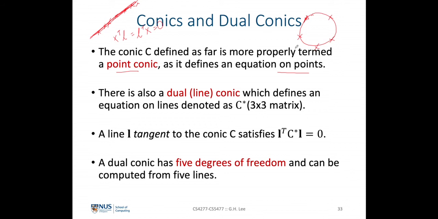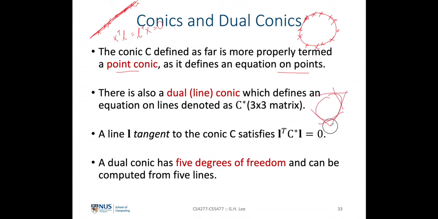A point conic is what we have defined earlier, which is uniquely defined by a set of 5 points or more than 5 points. Anything that is greater than or equal to 5 points can be used to uniquely define this particular conic. We can also do the same with lines. The conic can be uniquely defined with tangent lines.